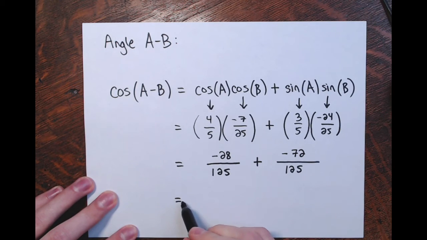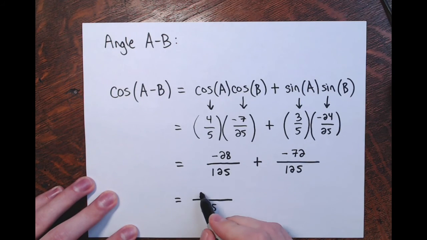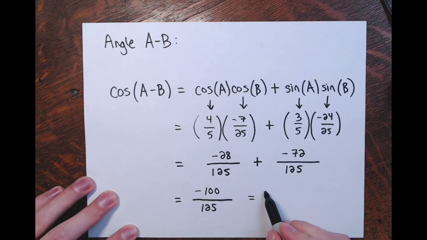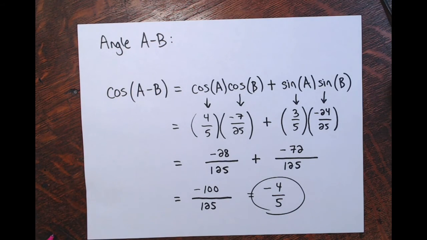And then these have the same denominator, 125, so that's going to be the denominator of their sum. And then negative 28 plus negative 72 would be negative 100. And this definitely simplifies. 25 goes into both of these evenly. This is negative 4/5. Negative 0.8, but they said enter it as a fraction.